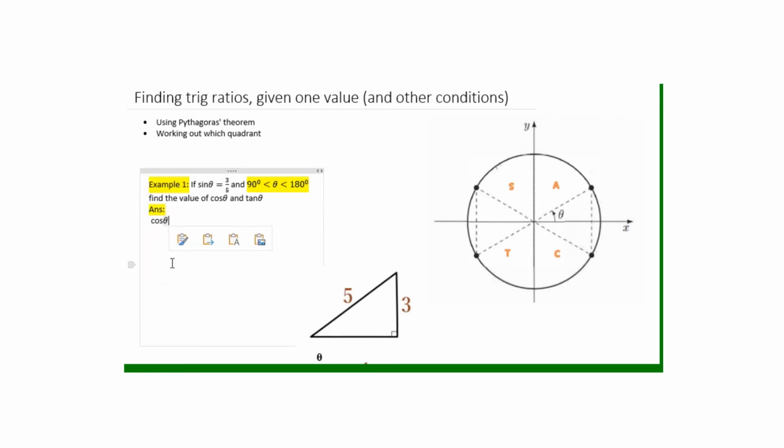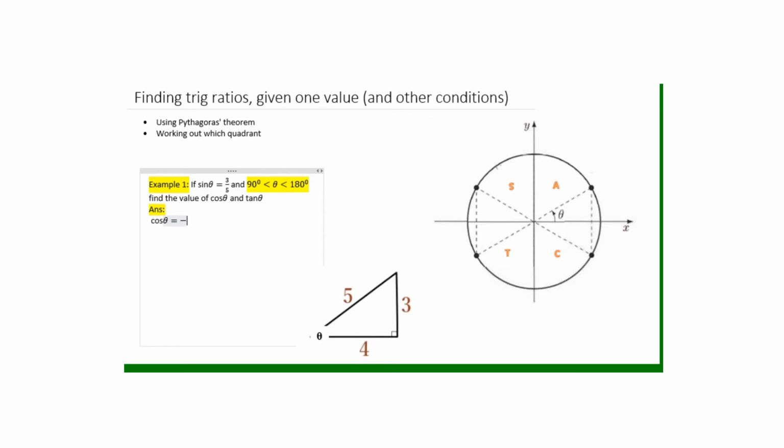Cos theta, we know now it is going to be negative because our angle is in the second quadrant. So back to this triangle over here, theta is over here, cos is A/h, so A is 4, h is 5, so our value is going to be 4/5.